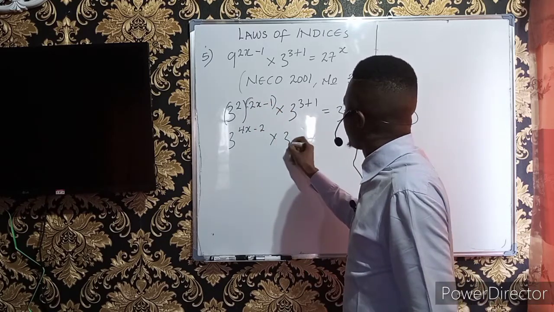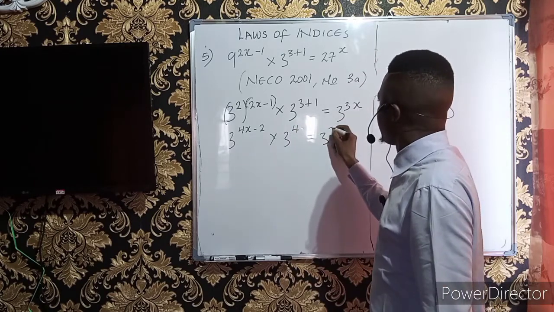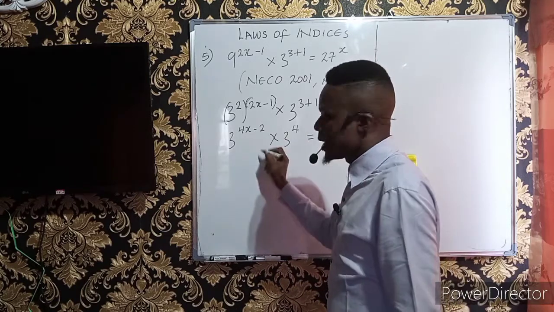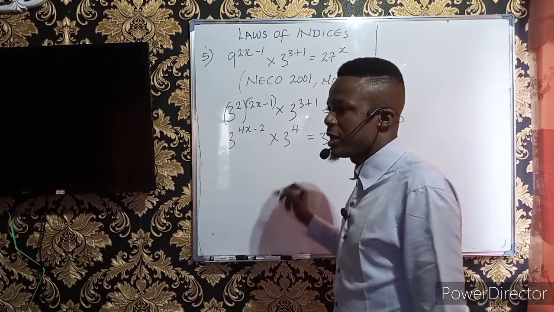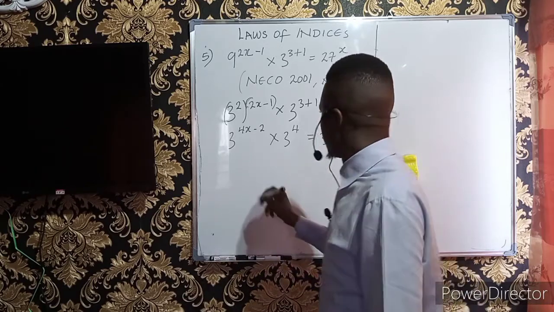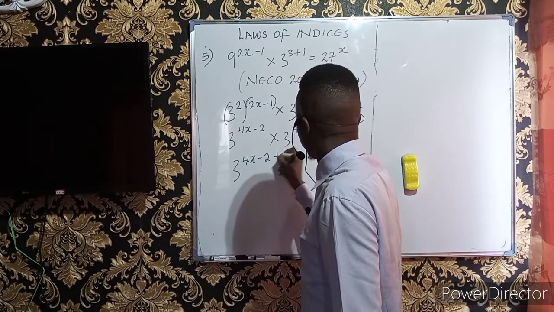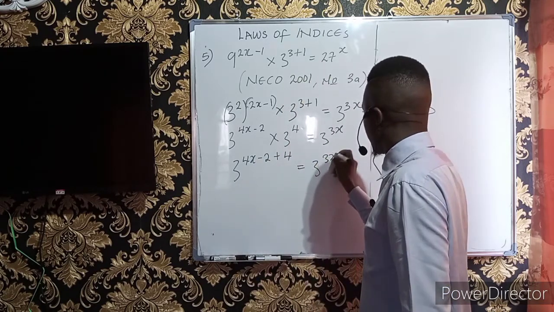Then times 3 power of 3 plus 1 is just 4, equals 3 power of 3x. Now, because there is a multiplication sign here, you must embrace the law of indices, which is telling us that whenever we are multiplying, we just add the powers. So this is just 3 power of 4x minus 2, then plus this 4 equals 3 power of 3x.